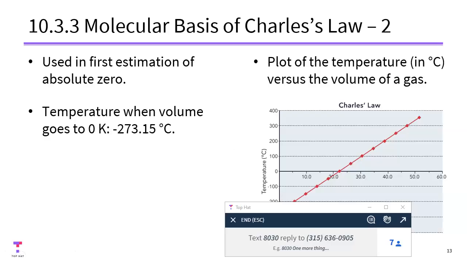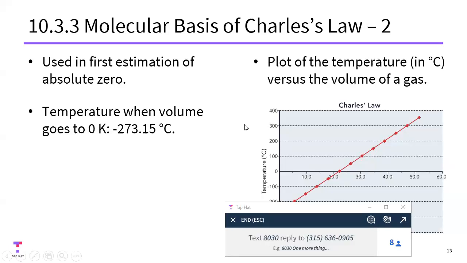One interesting side trip here about Charles' law. Charles' law is actually one of the ways that we were able to first estimate absolute zero. If you remember back to one of the first activities that we did in lab this semester, it was a graphing activity. One of the graphs that I had you make was this one. We didn't call it Charles' law at the time. I just said it was a volume versus temperature graph. But the graph was this graph, in fact.